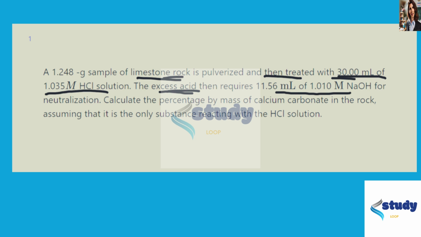And from there, we'll be able to find out the number of moles of the limestone or calcium carbonate which is being treated by that number of mole of HCl, and from that we'll be able to find out the mass of the calcium carbonate in the limestone, and from there the percentage of the calcium carbonate in the limestone sample.